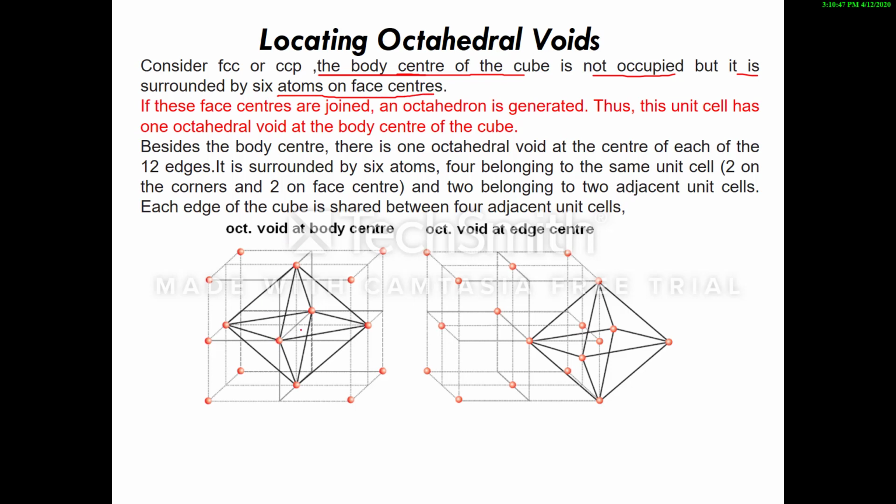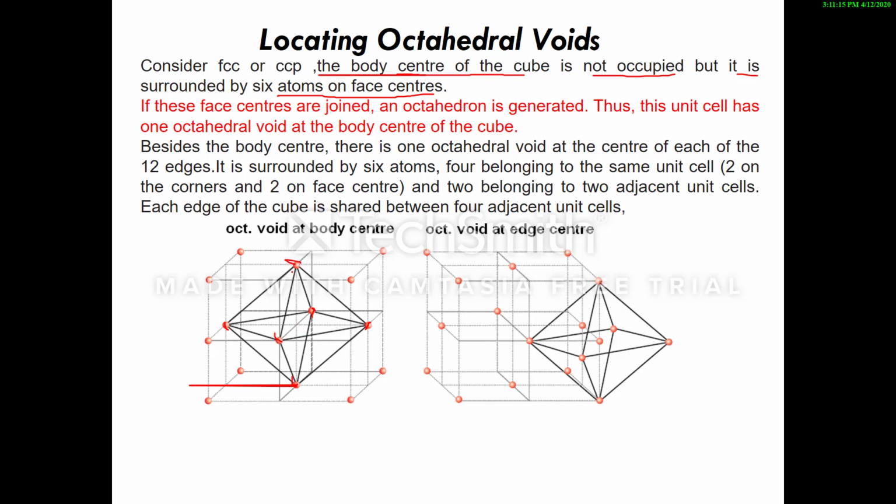Now just see, if we consider the center of this body, the nearest neighbors of the center of the body are the particles situated at the center of the faces. Like this is 1, this is 2, this is 3, this is 4, this one is 5, and this one is 6. And at the center of this there is one void.